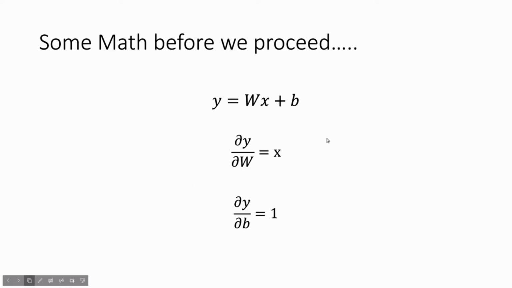Since y is equal to wx plus b, the partial derivative of y with respect to w will be x, as the term b is treated as constant, so its derivative is 0, and the derivative of wx with respect to w is just the coefficient x. Similarly, the partial derivative of y with respect to b: the wx term is treated as constant, so its derivative is 0, and the derivative of b is just 1.